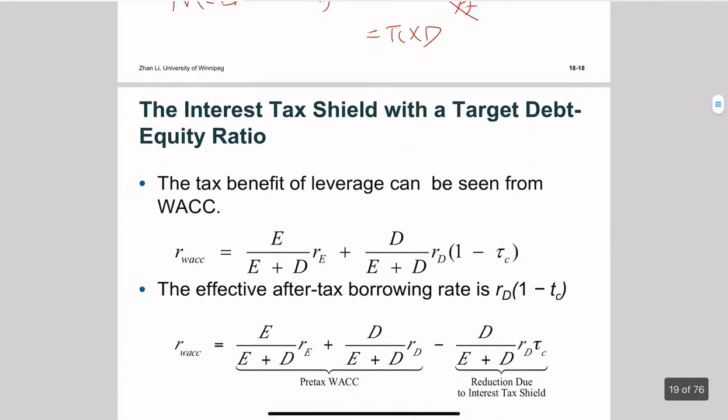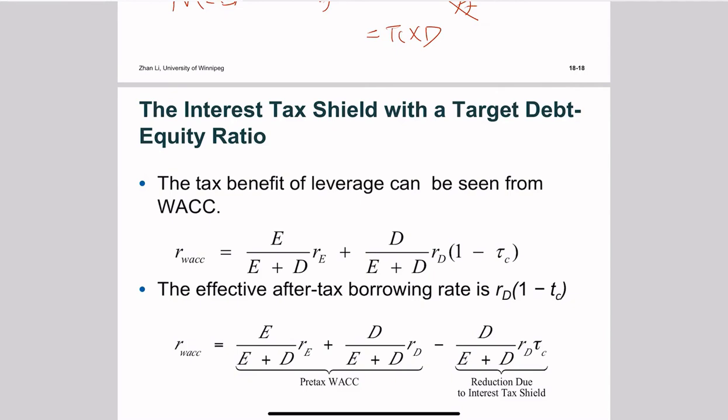Okay, now let's discuss a third case. That is value interest tax shield with the target debt equity ratio. So here the basic assumption is this firm is having a fixed target debt equity ratio.